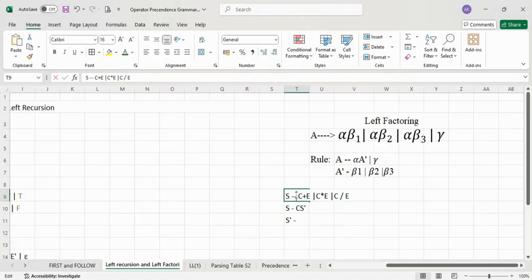Here, my beta production is everything after C, which is plus E, star E, and divide E. So this will be added with my S dash. It is plus E, then star E, and then divide E.